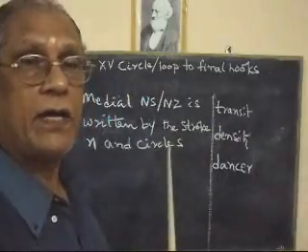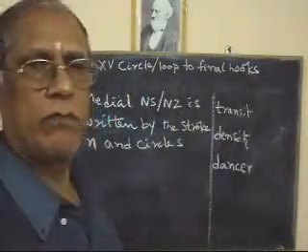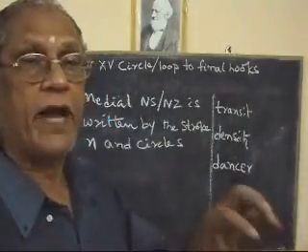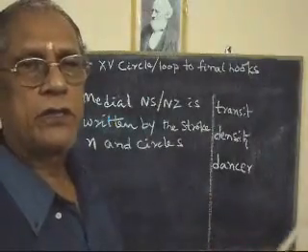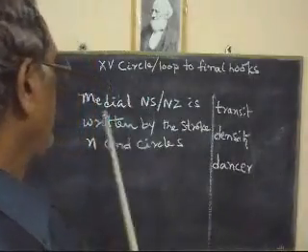Now, medial NS or NZ. Whether it is NS or NZ, whatever it may be, if it occurs medially, it should be represented by the stroke N and circle S. You see?